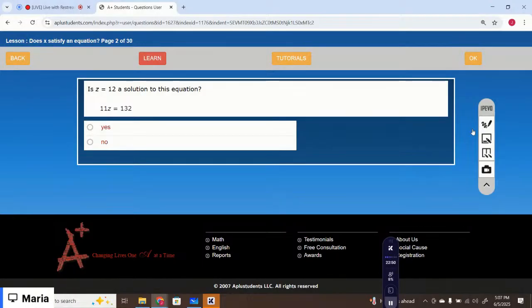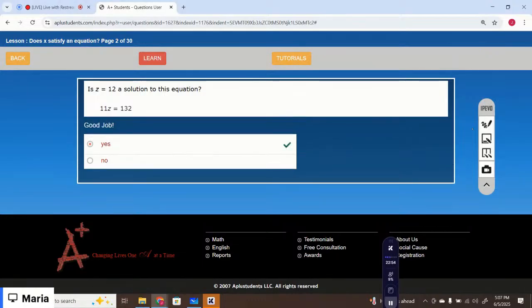So that is 11 times 12 equals 132. Both sides are exactly equal. That means yes, that is the solution. The correct option is yes.